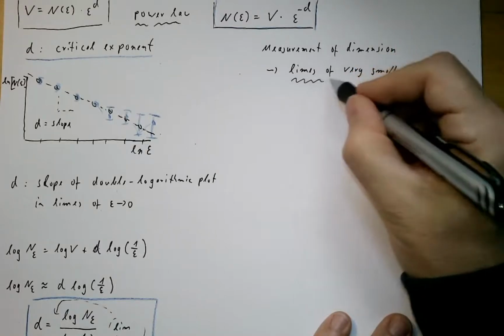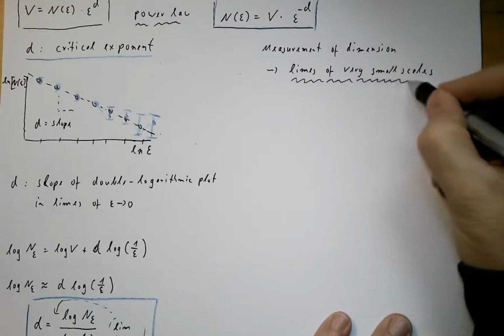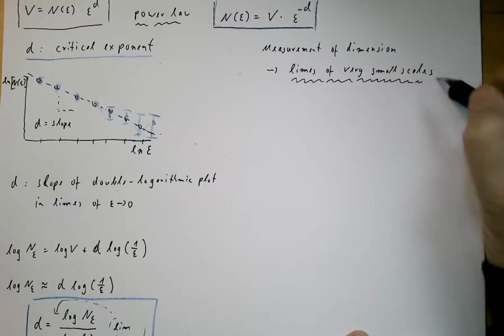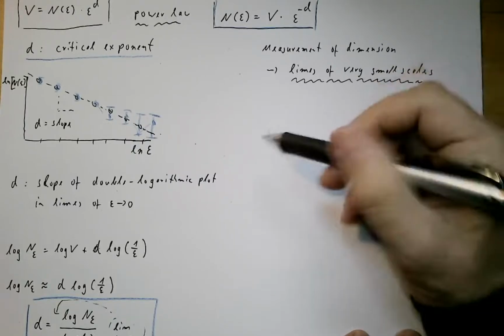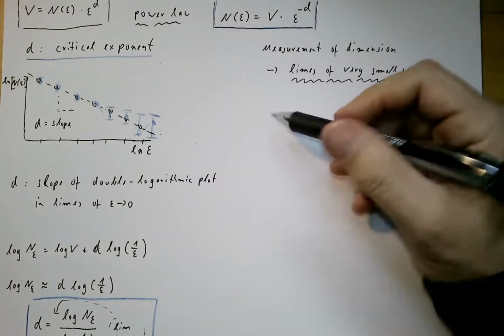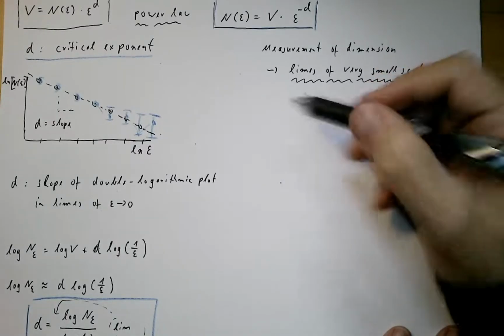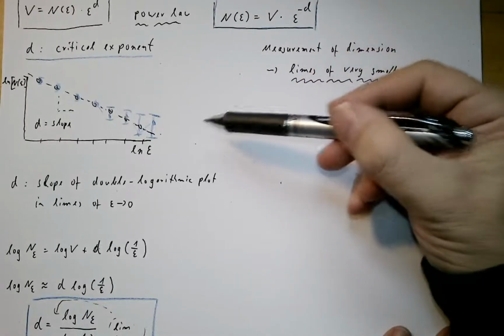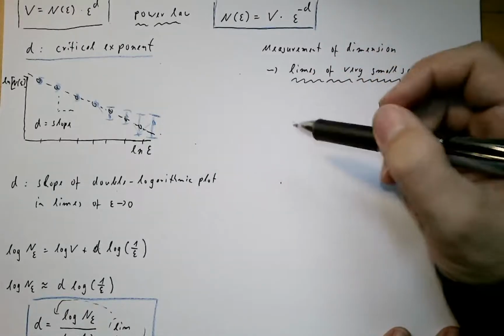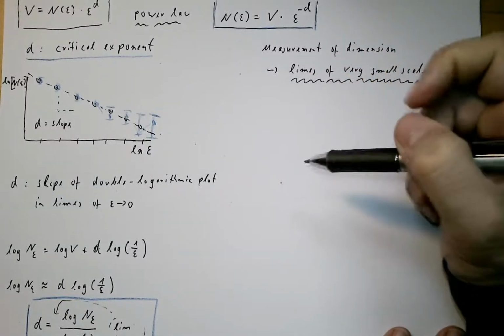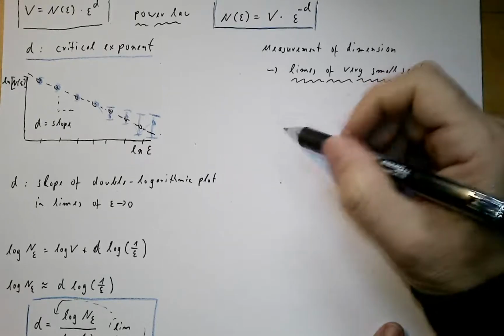But then it's clear we can go only so far in very small scales, because let's say you want to measure an object like a stone or something, and now you go to smaller and smaller scales, and then suddenly the granular structure of the material becomes important.